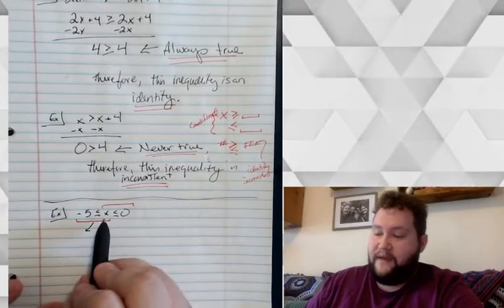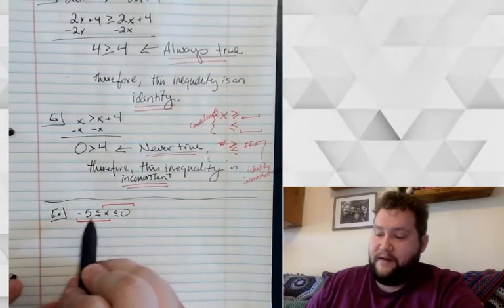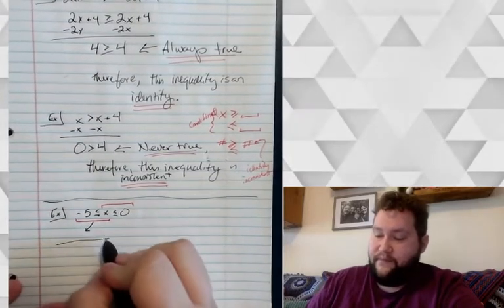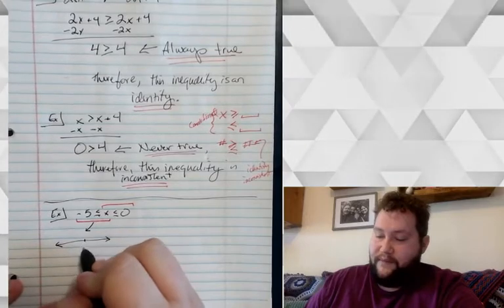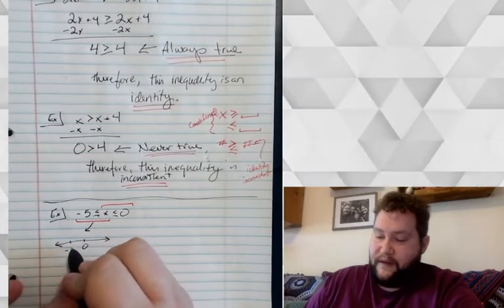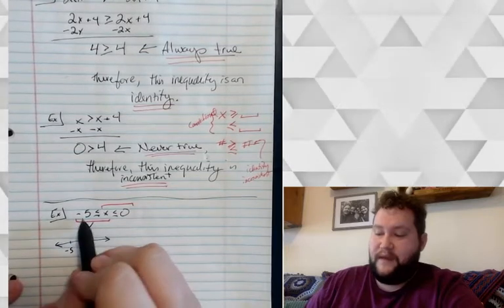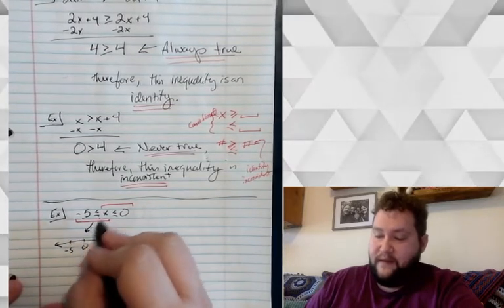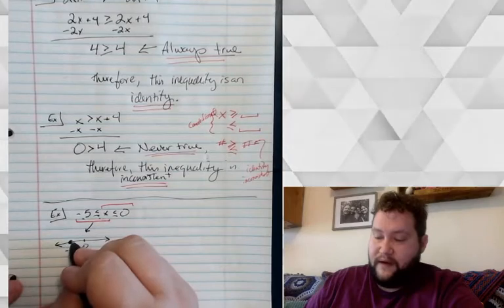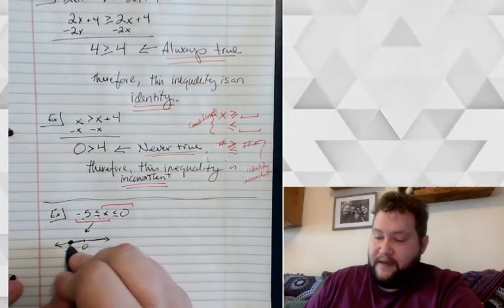We have x being bigger than -5. Put a 0, -5. And if we look at just this one, -5 is less than or equal to x, so start here, and it can be anything to the right.